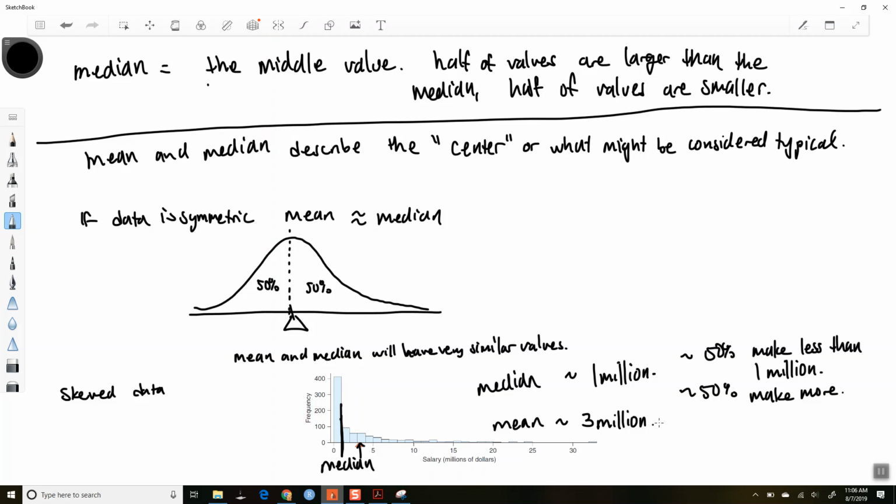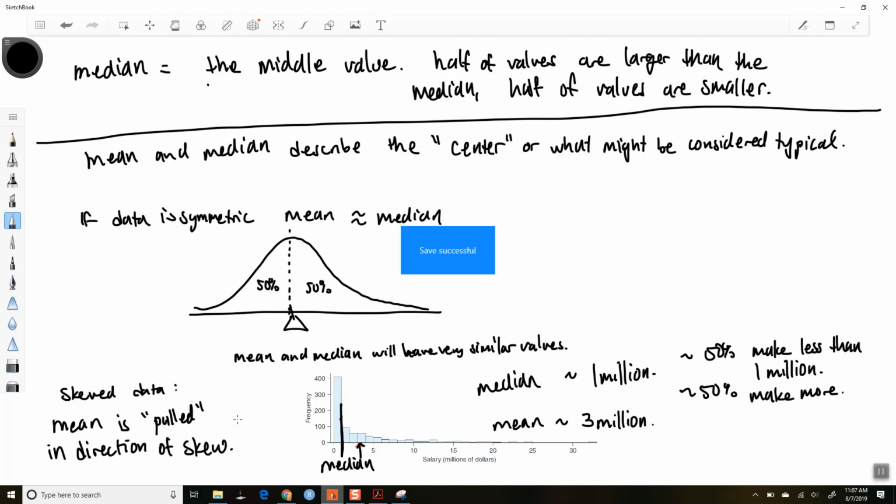Wherever the extreme values are, the mean will often reflect this. It will get pulled in the direction of the skew. So for skewed data, the mean is, quote, pulled in the direction of the skew. Is that good?